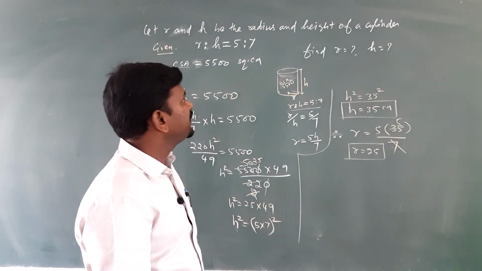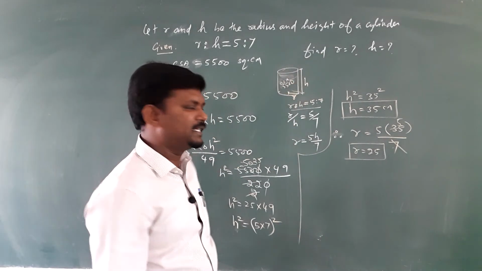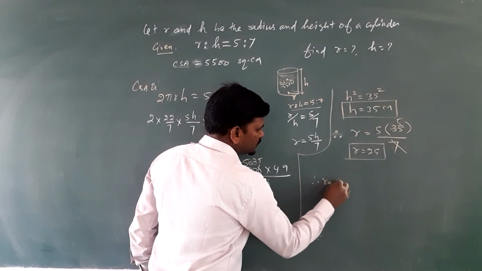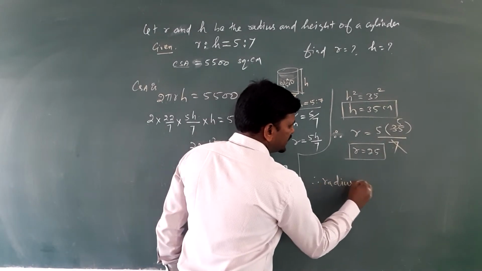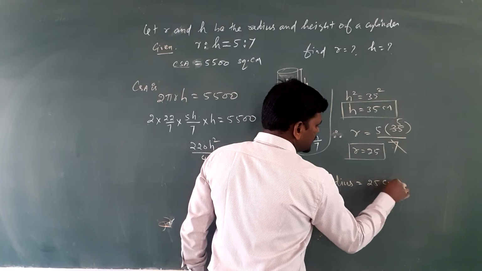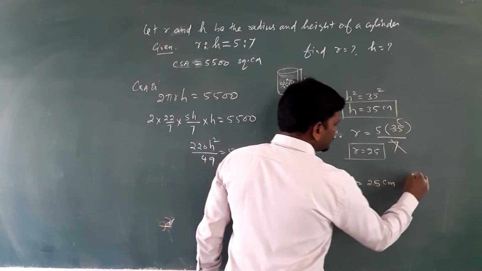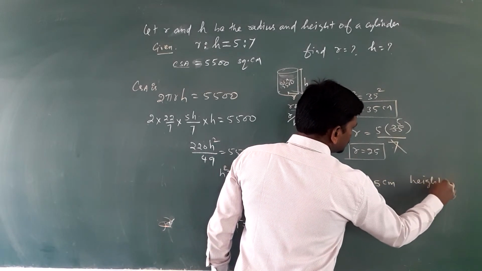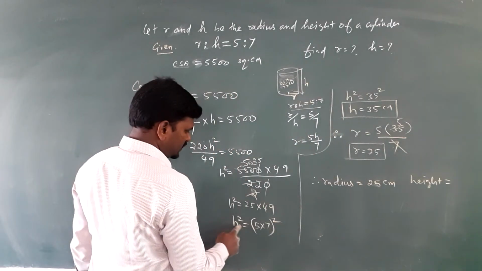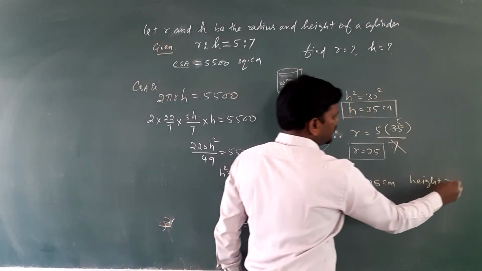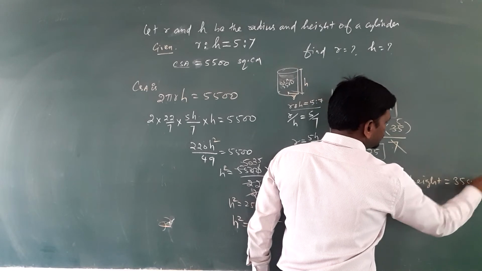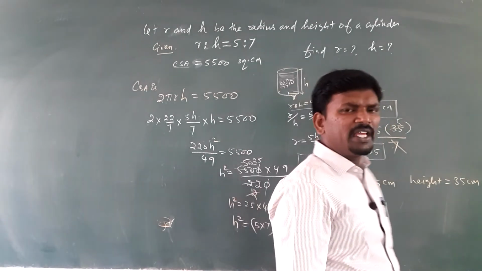We have to find the radius and height. So therefore radius is equal to 25 centimeter, height is equal to 35 centimeter. So a very simple question.